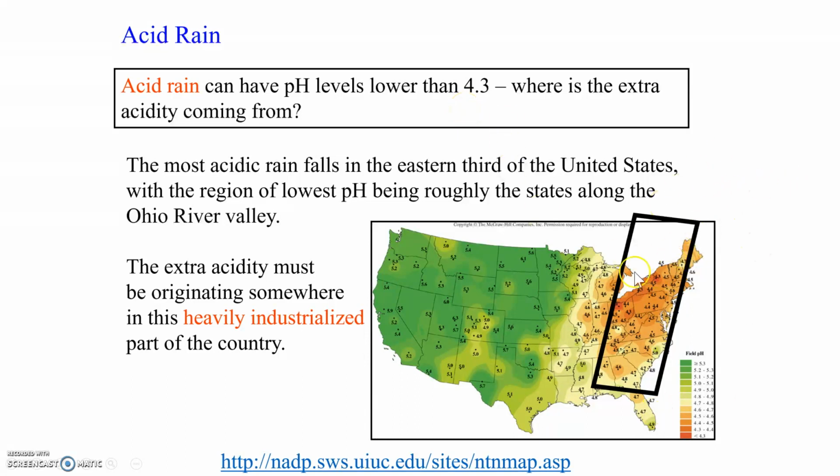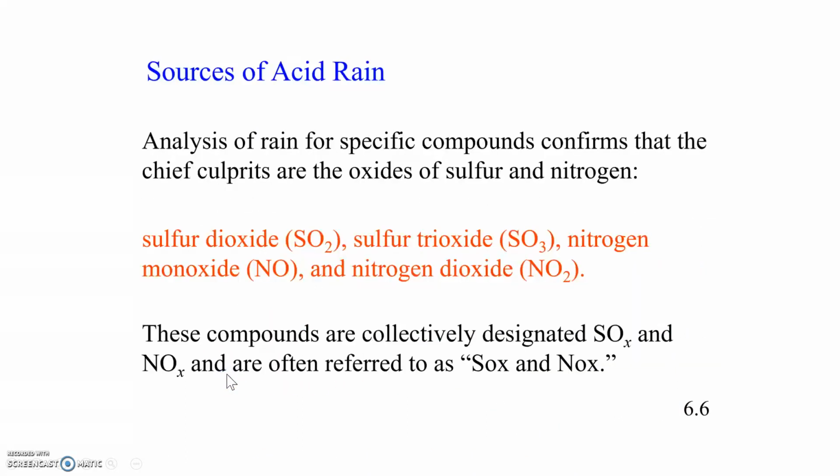In this area of the country, we see rain that is characterized as acidic rain as a result of industrialization, specifically a lot of coal burning for electricity generation on the East Coast and in the Ohio Valley. This results in the pH of rain being lower than what would naturally occur.